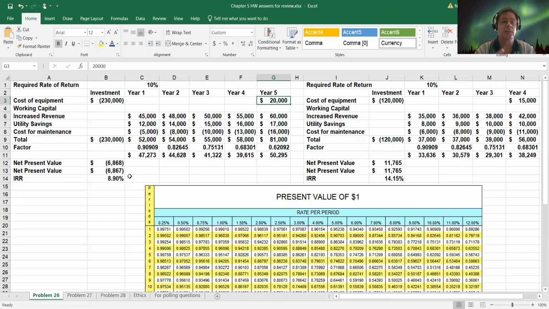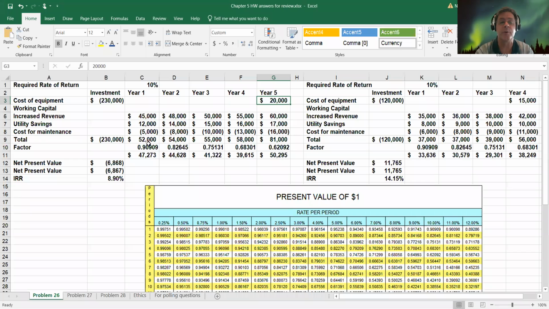So there are 2 ways to do the net present value. You can come up with the factors from the table, and I copied the table right onto my spreadsheet here so we can verify at 10% that the factors are 0.90909 and so forth down this column, and that I copied them correctly over to these numbers here.